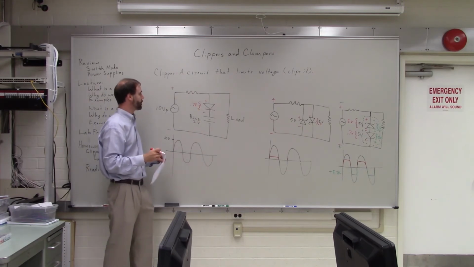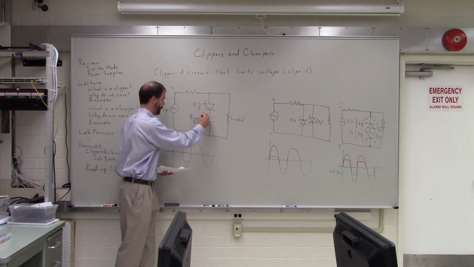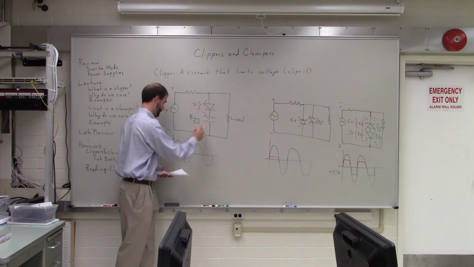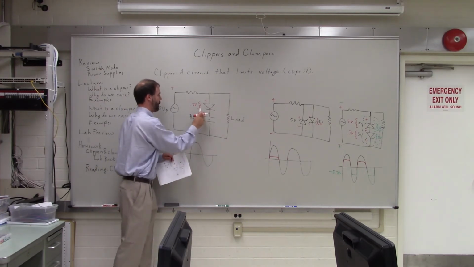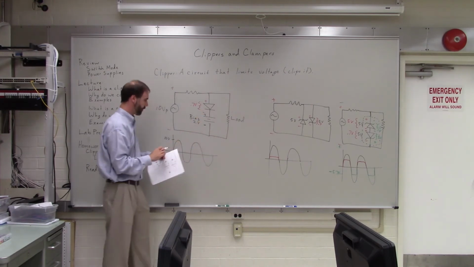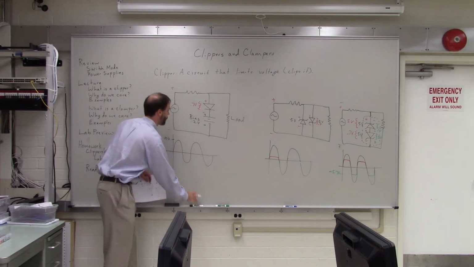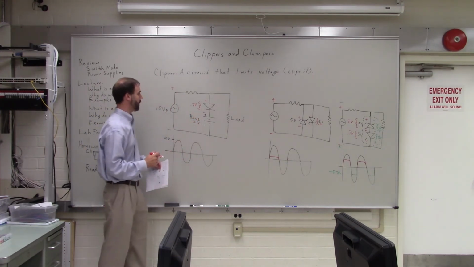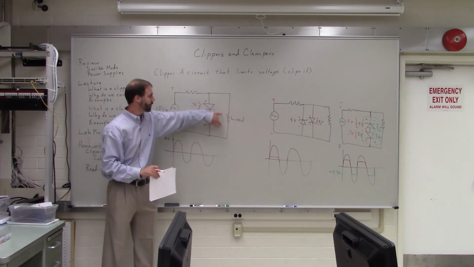And then we know that this is a 2-volt supply. This is always the positive side of the supply, and that's the negative side. So this is always 2 volts across there. So what is the maximum voltage that can be across the load?